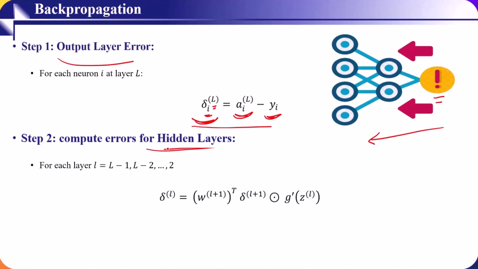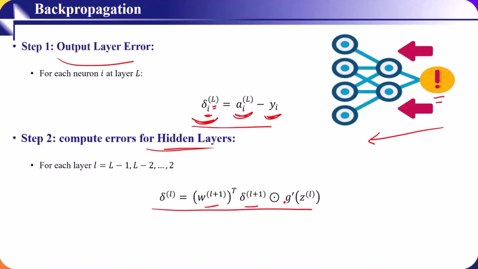Then we go for hidden layers. For the hidden layers, we calculate the error in a backward manner. We start from the second to last layer and move backward to the first hidden layer. Then we calculate the error using this equation. W^(L+1) is the weight matrix connecting layer L to layer L+1, and delta^(L+1) is the error from the next layer.